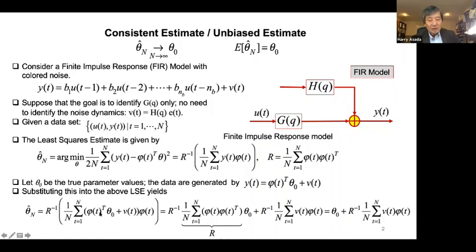The first expression is R inverse times phi(t) phi transpose(t), and theta naught can be factored out. It turns out this term is basically the matrix R, so these two cancel out, leaving just theta naught, the true value.